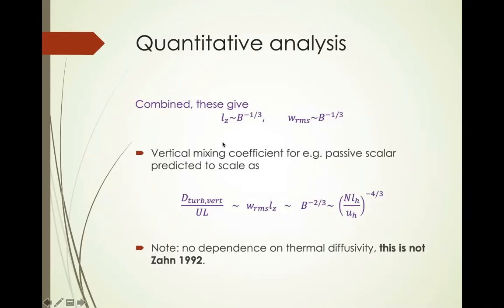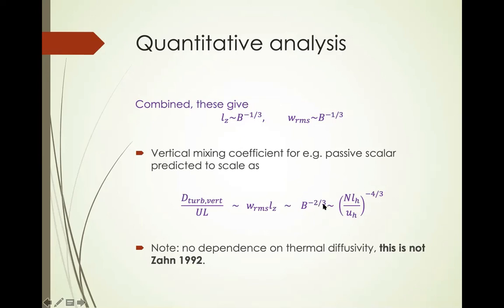Now we can use these results to compute a vertical mixing coefficient induced by this horizontal shear instability. This is this coefficient D_turb,vert, which written here is dimensional. So to make it non-dimensional, I divide it by UL. And this ought to be equal to the product of the vertical length scale and the typical velocity in the vertical direction. And this we see scales as B, the stratification parameter, to the -2/3.